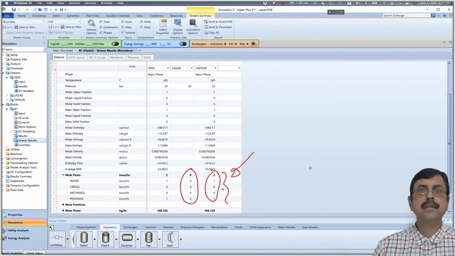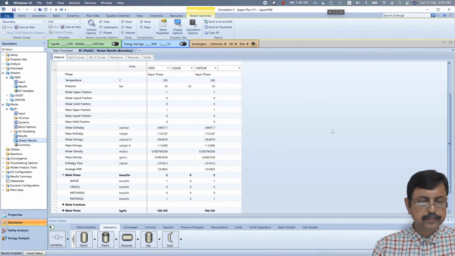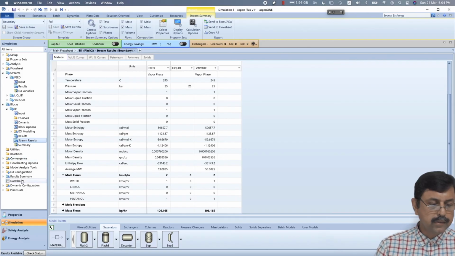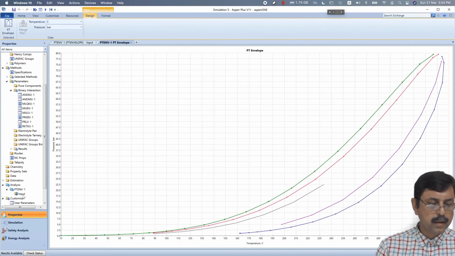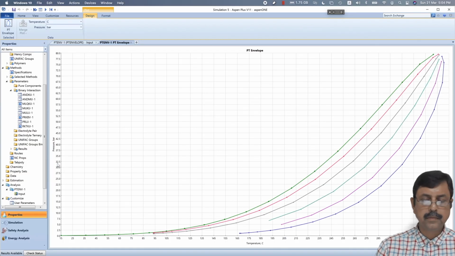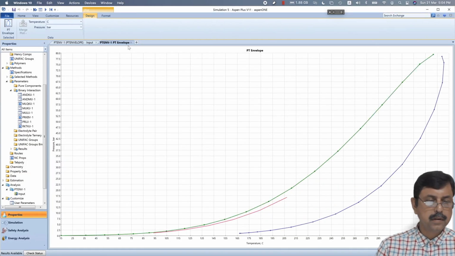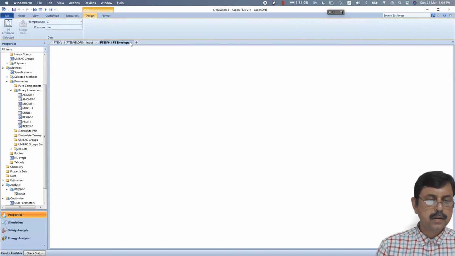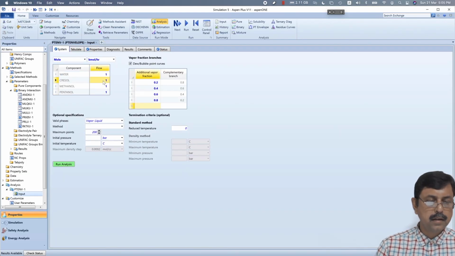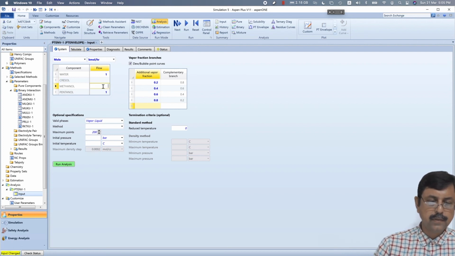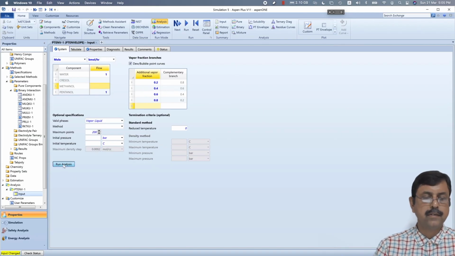Now let us cross-check this with the PT envelope. For that, let us go to the property analysis, the PT envelope. Here you delete this one, delete this one, and run the analysis once again.